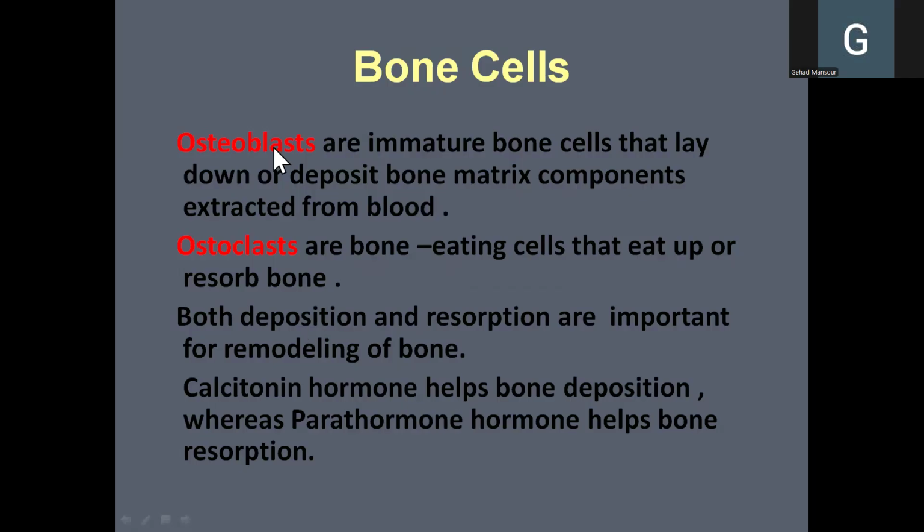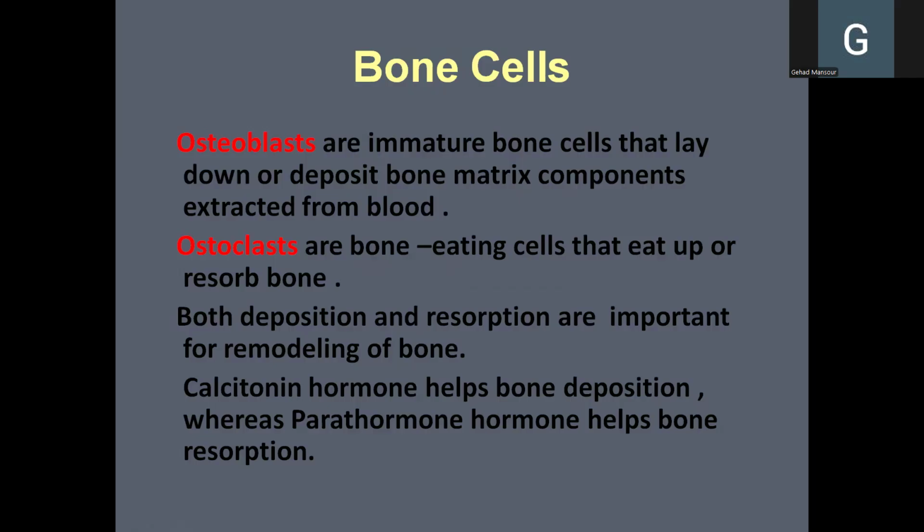Deposition of bone by the osteoblasts and resorption of bone, or removal of the calcified material from the bone, which we call resorption, are very important for remodeling. It's just like when you are making a certain shape out of clay or out of whatever thing that is soft, and you need to change the shape.